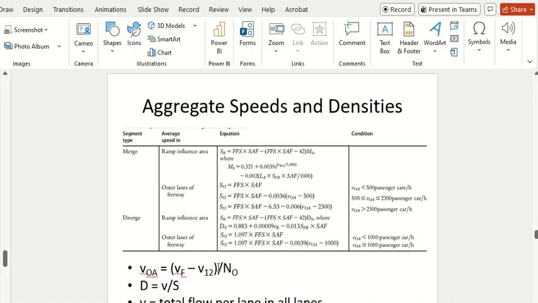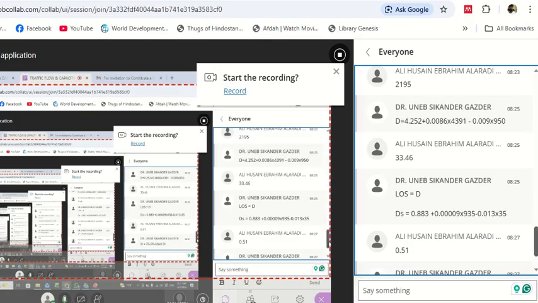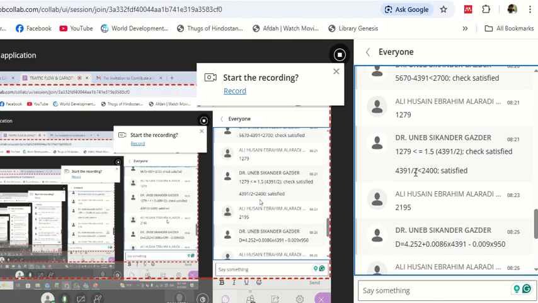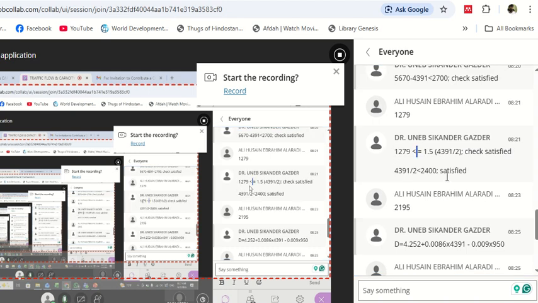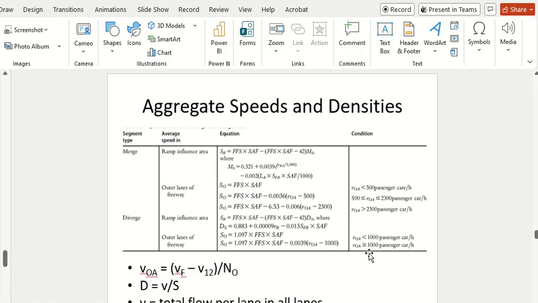Then speed in the outer lanes, I need to look at the outer lane volume. My outer lane volume was 1200 something. You gave it to me here, 1279. So it's more than 1000. I'll use the second equation for the outer lane.